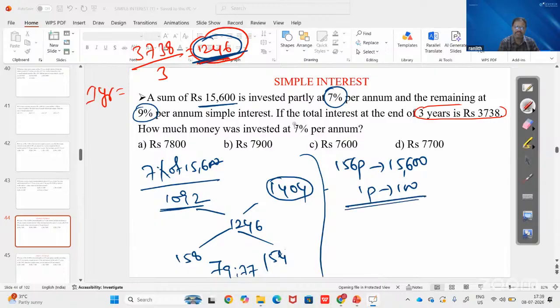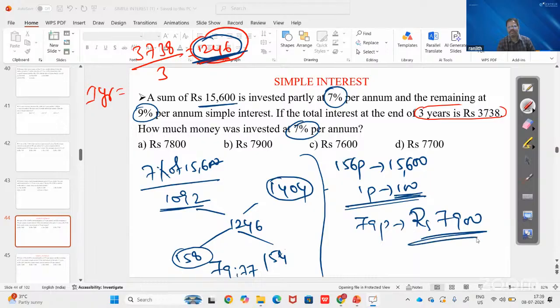Now we need to find out the 7 percentage, where 158 becomes 79 after cancellation. So one part equals 100, 79 parts equal 7,900 rupees. So the answer is 7,900.